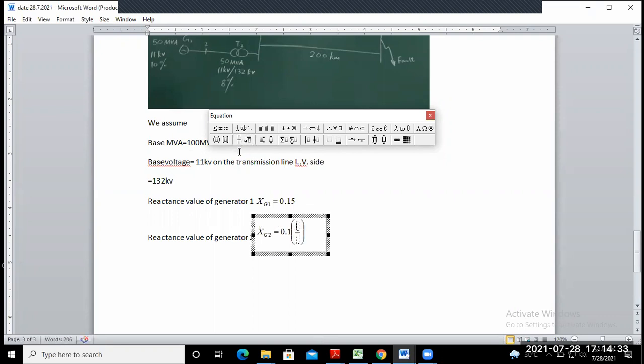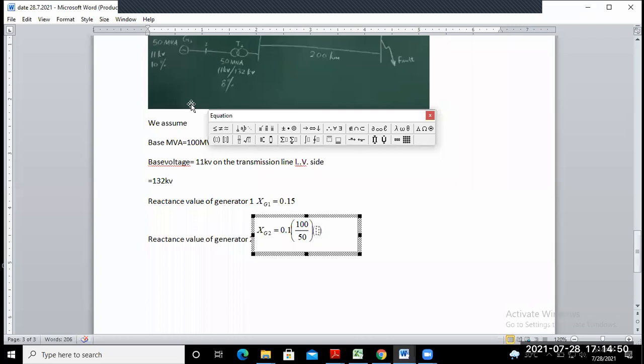This is basically the formula, with which we can change the per unit value to any other base value. Then multiply by kilovolt old divided by kilovolt new.